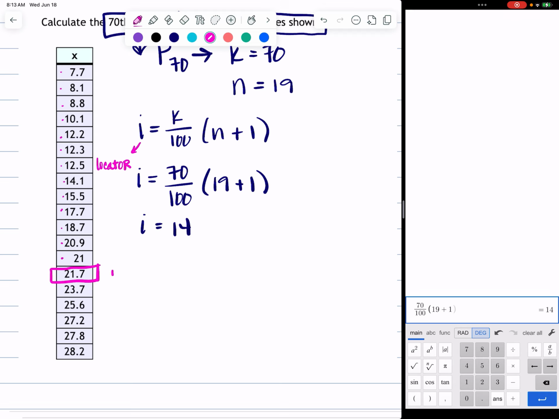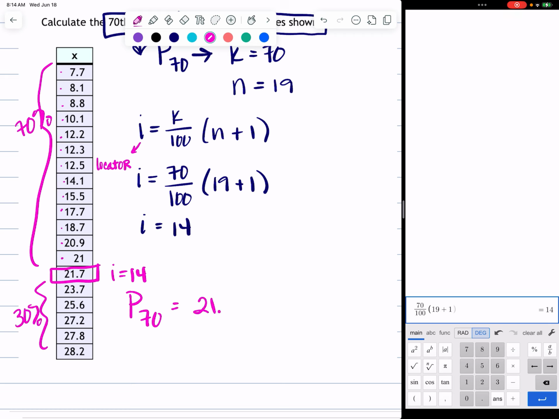Seat 14. That means the 70th percentile, the data value that divides our data list into the lower 70%. So this is the lower 70%. And this is the upper 30%, is 21.7.